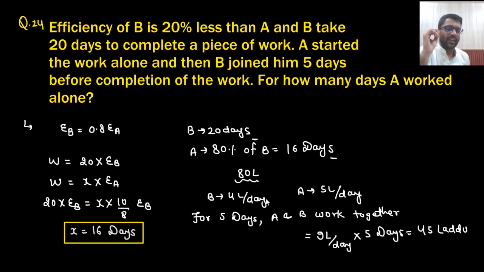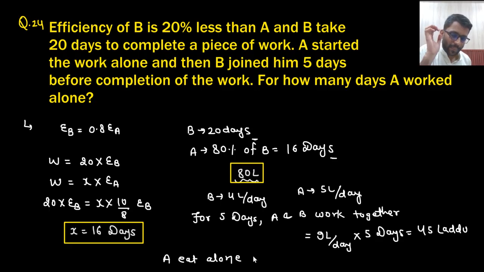So how many laddus did A eat alone? 80 minus 45. That means 35 laddu. A ate 35 laddu alone.